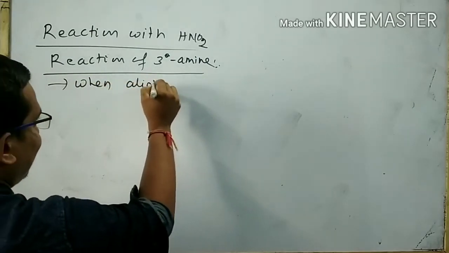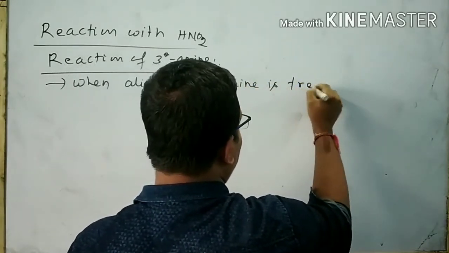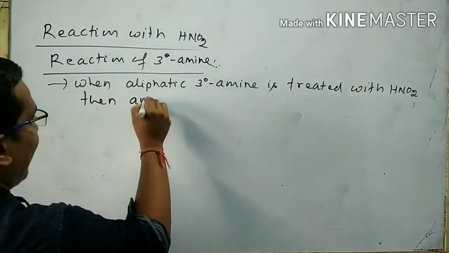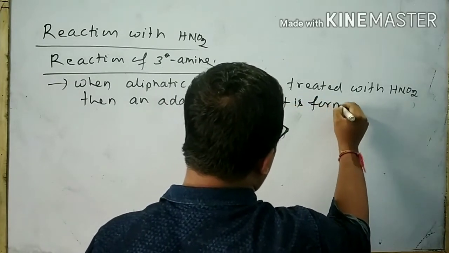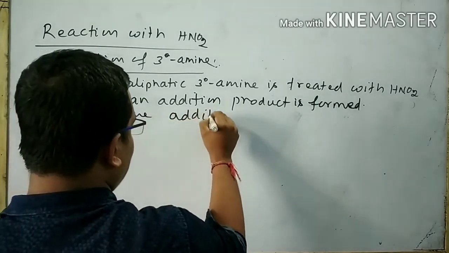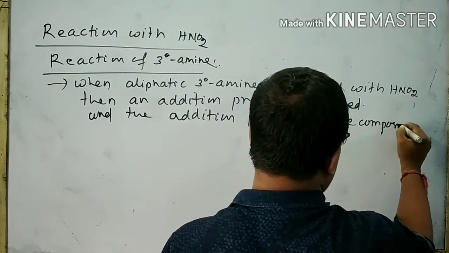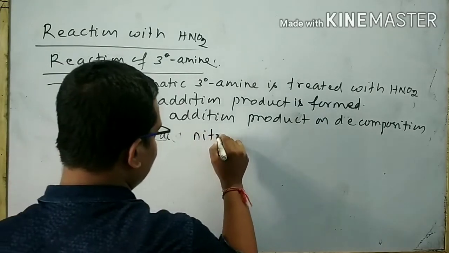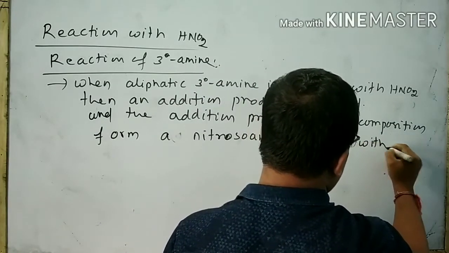When aliphatic 3-degree amine is treated with HNO2, then an addition product is formed, and the addition product on decomposition forms a nitrosamine product along with alcohol.